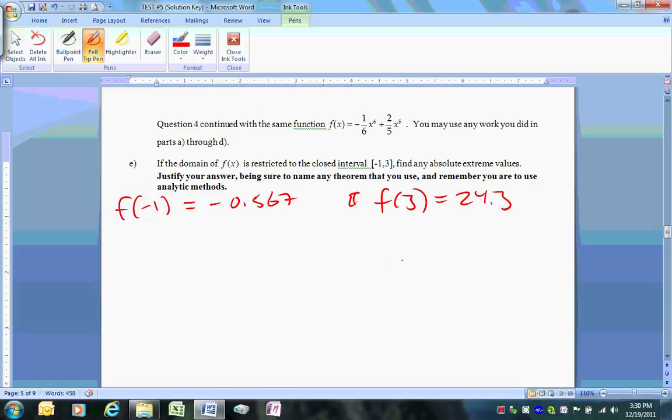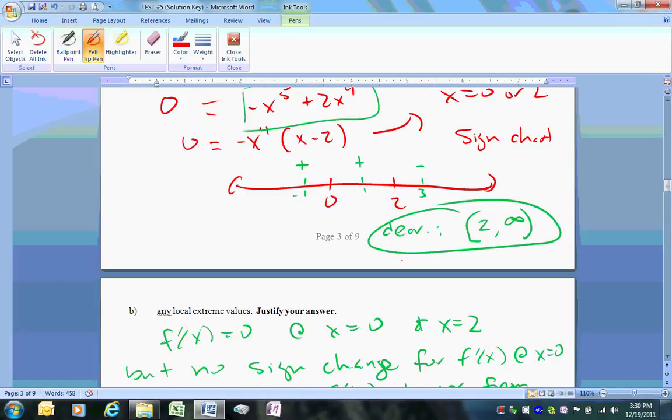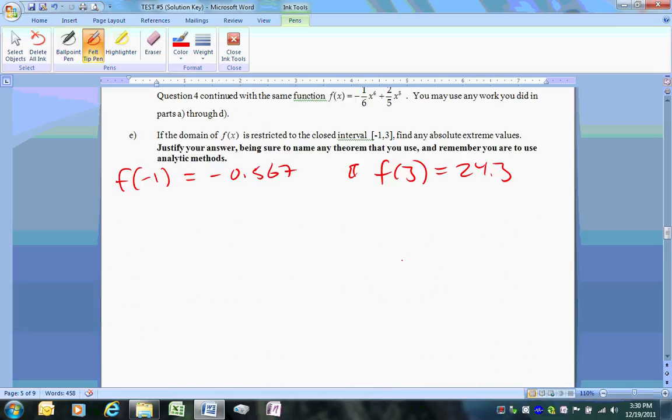Okay, now here's what we need to understand. Looking back at our sign chart for the first derivative, from -1 to 0, clearly the derivative is positive, right? So it's an increasing function from -1 to 0. So that makes this a local min, since f prime is positive from -1 to 0.